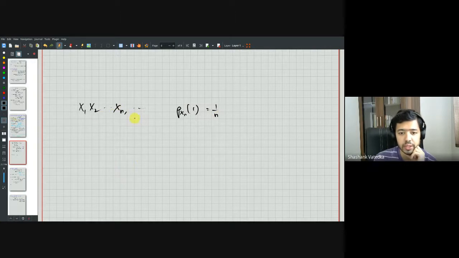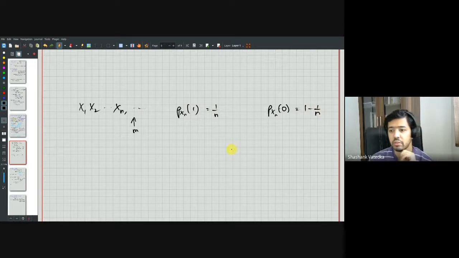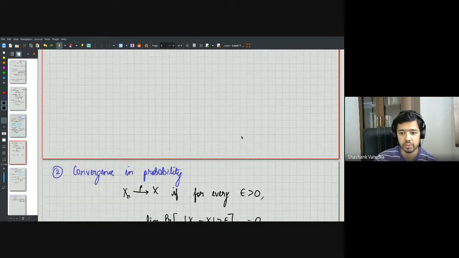So if you pick any particular location m, firstly, as n tends to infinity, the probability that xn equal to 1 is 0, and the probability that xn is 0 tends to 1. Right? So firstly, it's clear that this sequence converges in probability to 0.